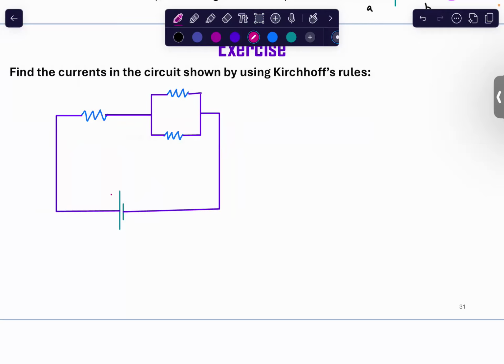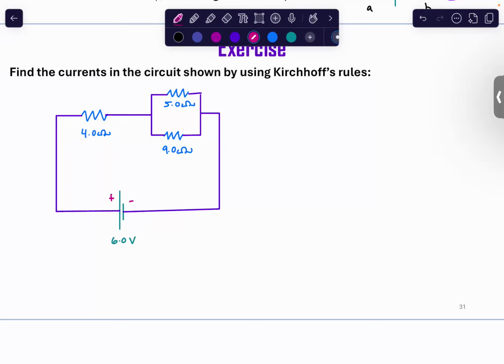Go like this. Now, your resistors, 4 ohms, 5 ohms, 9 ohms, and then your EMF is 6 volts.